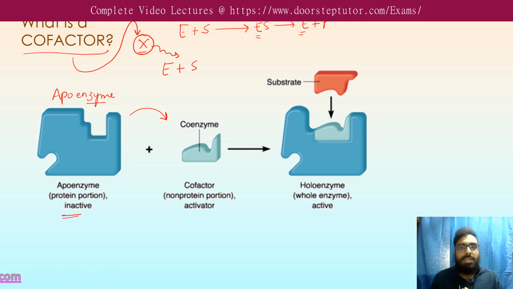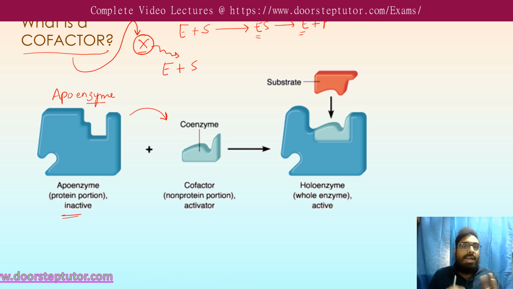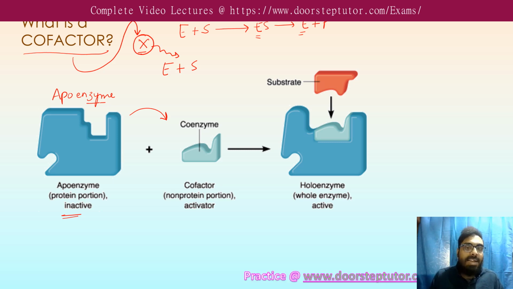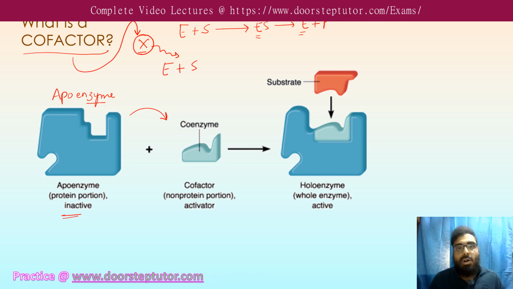A cofactor helps the enzyme, though the enzyme can also function alone without it, for example with metallic cofactors that increase the rate of the reaction. But if there is a coenzyme, the enzyme needs the coenzyme to do that reaction, without which it cannot complete the reaction.